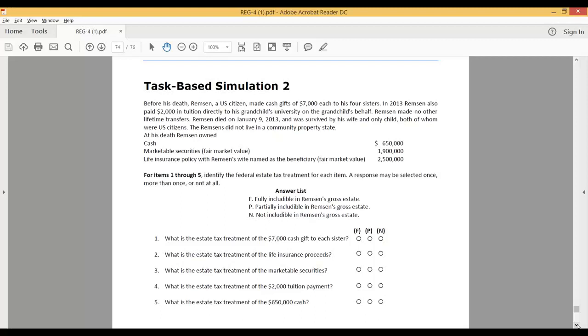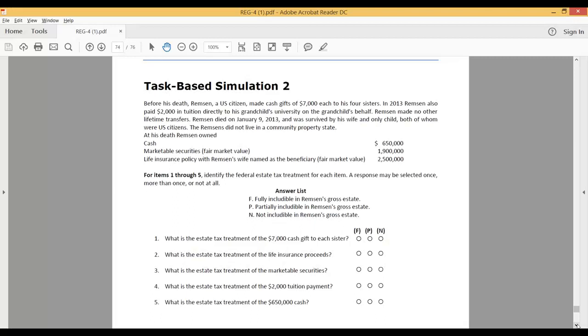Remsen died on Jan 9, 2013 and was survived by his wife and only child, both of whom were US citizens. The Remsens did not live in a community property state. At his death, Remsen had cash of $650,000, marketable securities of $1.9 million, and a life insurance policy with Remsen's wife named as beneficiary, $2.5 million.